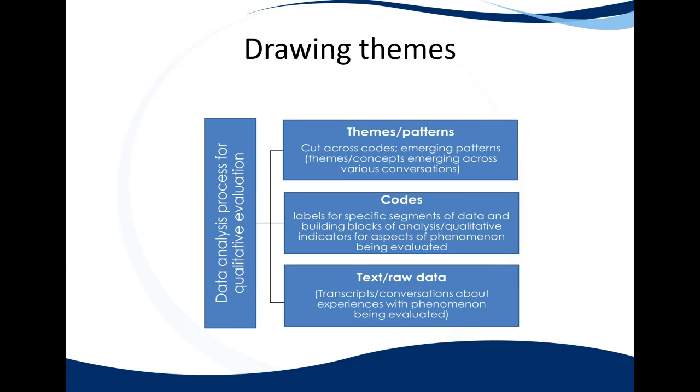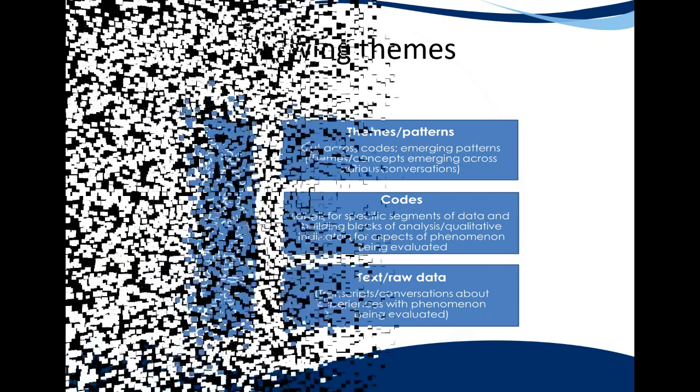Then you're like, oh, okay, so 17 people perceived this particular phenomenon in this particular way. And if that is the case, then that is a possible theme, because that is something that emerges or cuts across the different interviews. Okay, so it's the data, and then you establish the codes, and then you come up with the themes.